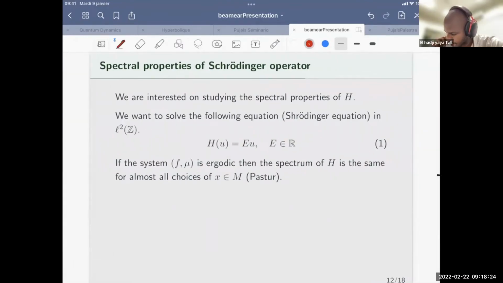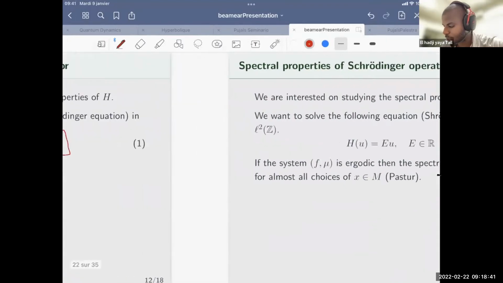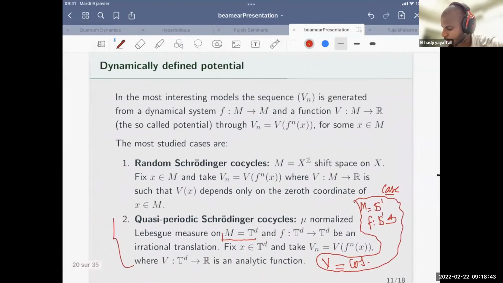But before that, let me just mention a result that says that if you start with an ergodic system, the spectrum is the same for almost all choices. I didn't make it clear in the definition, because if you fix x, let's say for some x, I didn't say which x. A priori, your operator H depends on x, right?